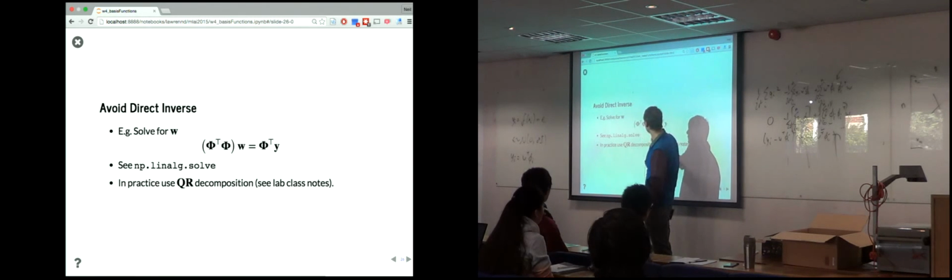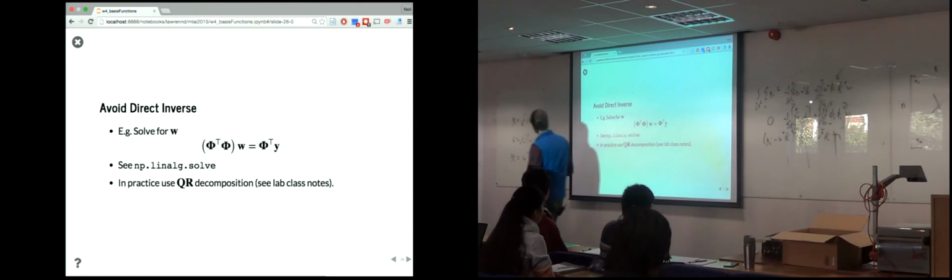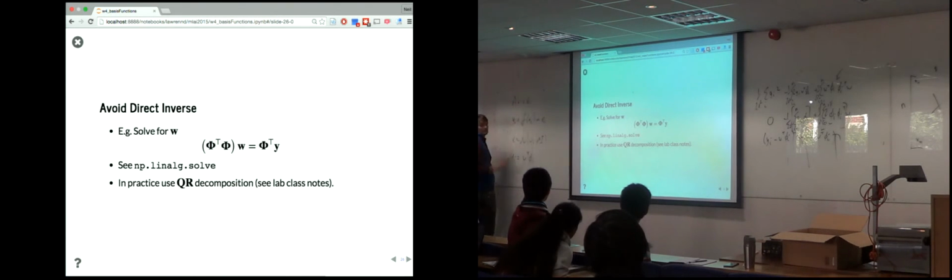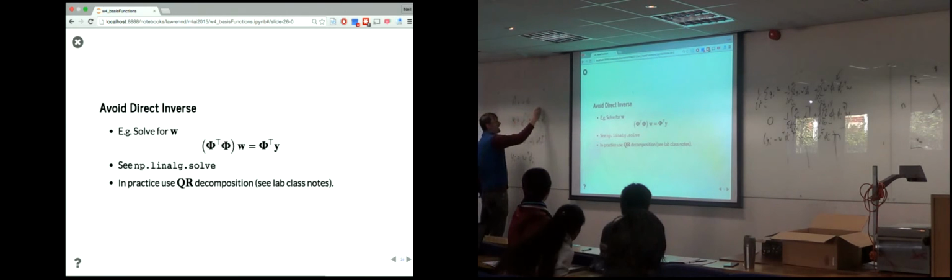What you do in practice is you use this solver, which is actually for solving systems. What you're supposed to do in linear algebra, if you've got a system of equations of the form Ax equals b, as the standard linear algebraic notation, and you want to solve for x, you can immediately write down that x is equal to A inverse b.